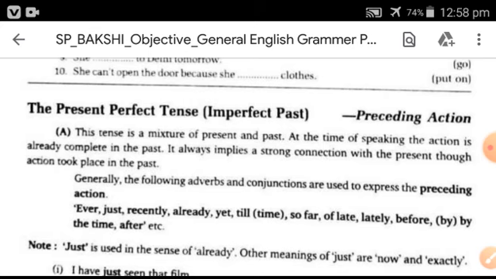Have is present time, but your finger was cut in past time.